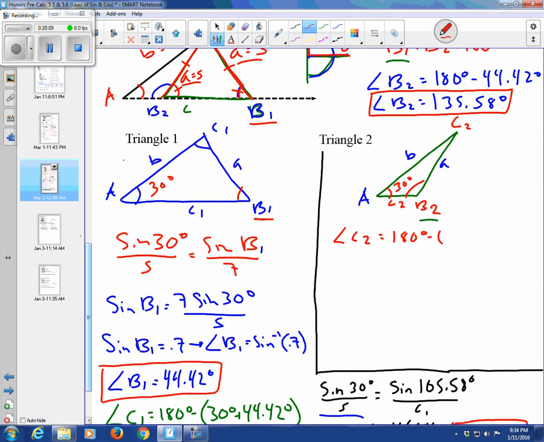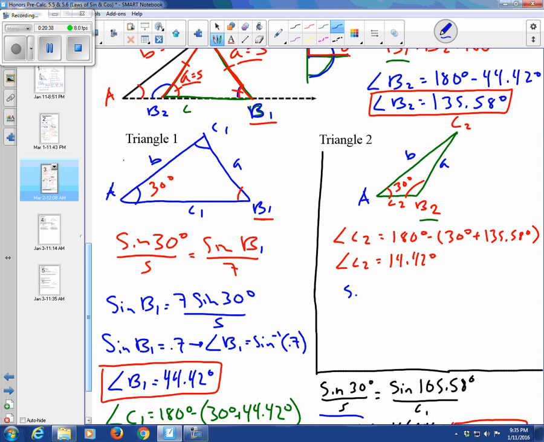So we're saying 180 minus 30 degrees plus 135.58 degrees. And that gives us our angle C2 as being 14.42 degrees.